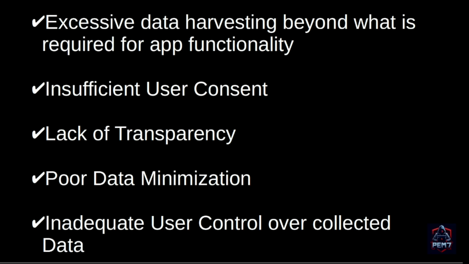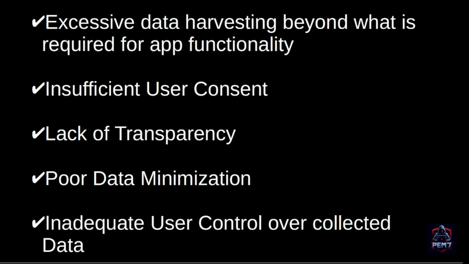Poor data minimization, where data is retained longer than necessary, storing complete data sets when aggregated data will suffice, not implementing data retention policies, failing to delete data when users request it, and finally inadequate user controls, where the user has no ability to review collected data, has no option to delete or export data, cannot revoke previously granted permissions, and has no way to opt out of data sharing.